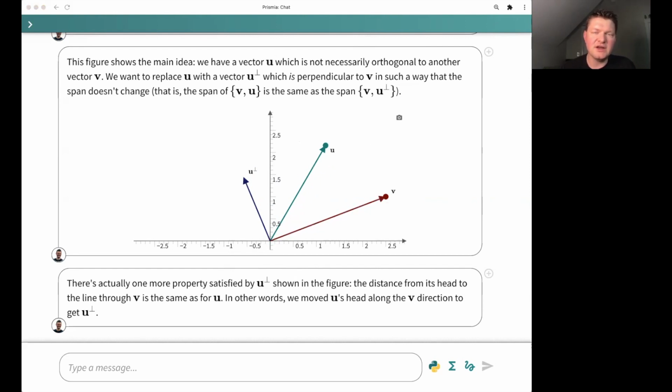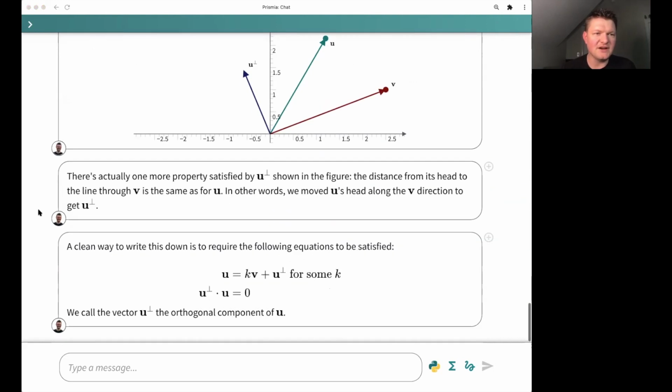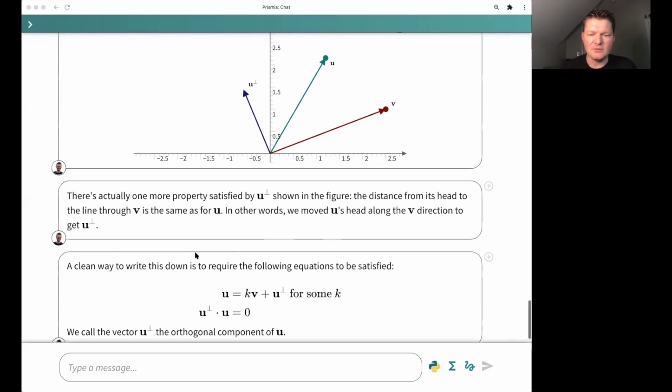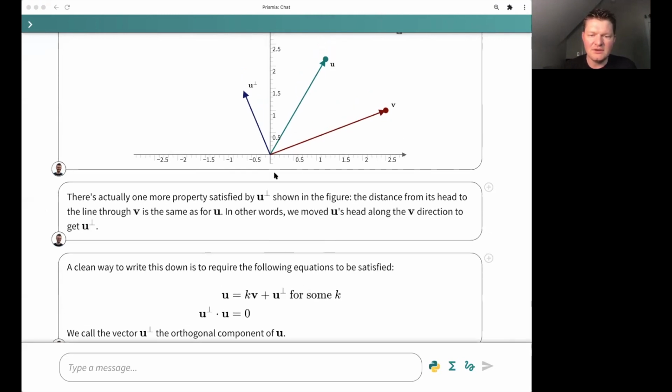So a nice way to write this down, and again, we're going to get some very nice interaction between the algebraic properties that we can manipulate and the geometric properties where we can draw pictures and derive intuition. So we'll write it down like this. We'll say that u is equal to u perp, plus something in the direction of v.